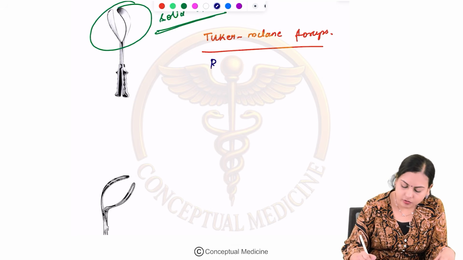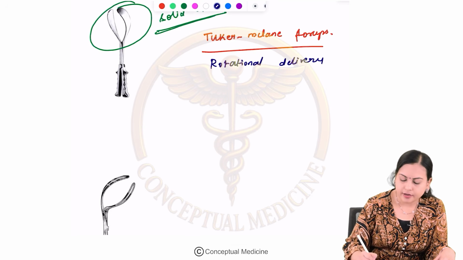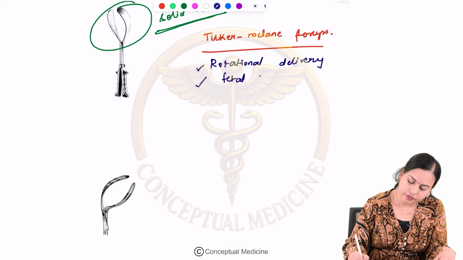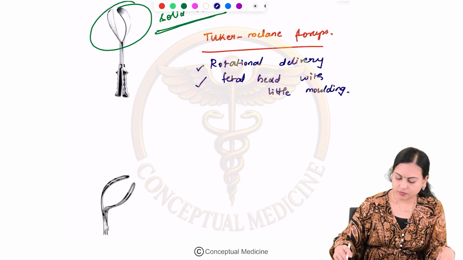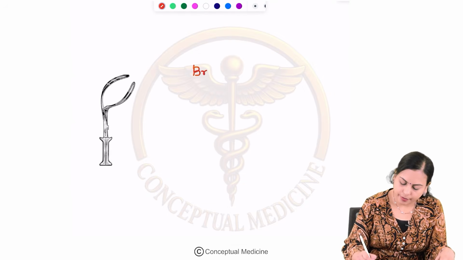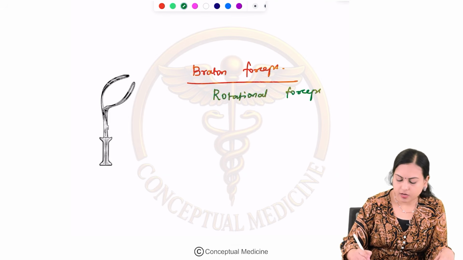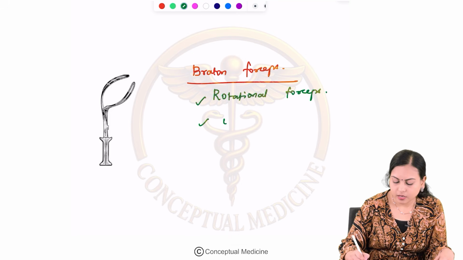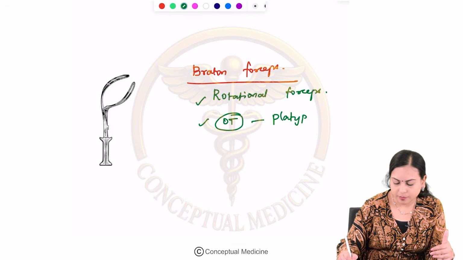And this is also used in rotational delivery and it is suitable for fetal head with little molding. Okay. And the last type of forceps is Barton forceps. Okay. So, this is a rotational forceps again and it is useful in delivering the babies in occipito-transverse positions, especially in a platypelloid pelvis.